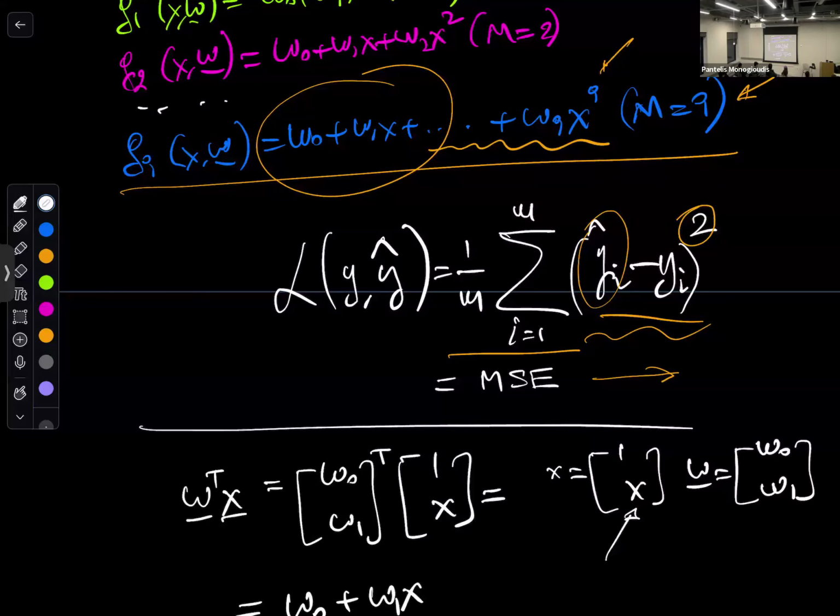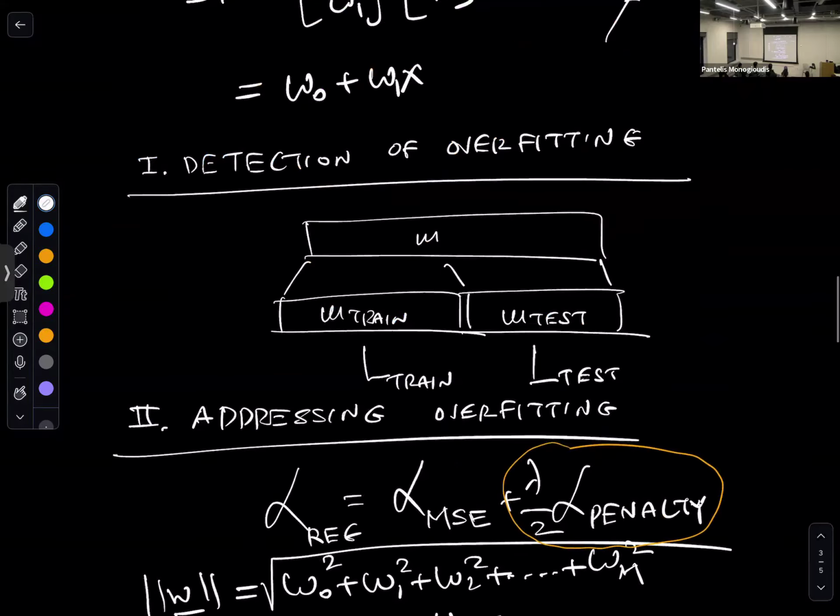Okay. And fine, we looked at all these hypotheses. We selected G9 to be the best hypothesis. We had an unfortunate conclusion out of this because we had overfitting. We looked at how to detect overfitting and how to address overfitting via what we call regularization methods.